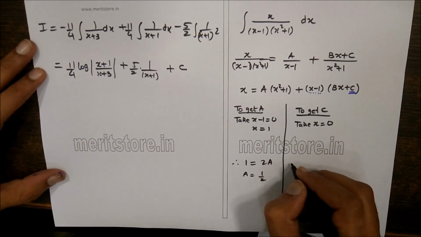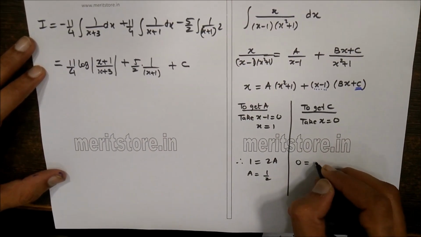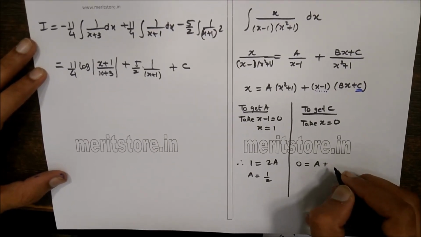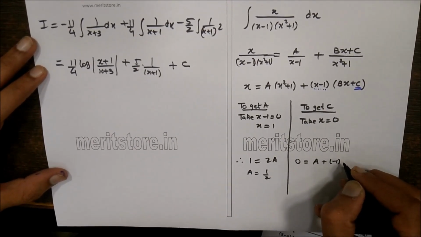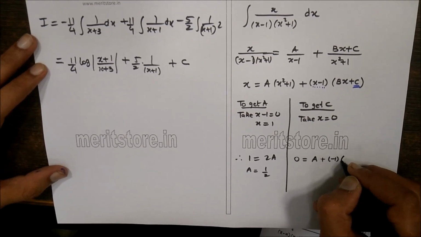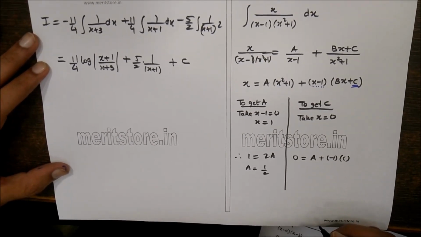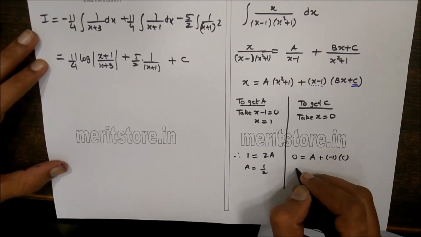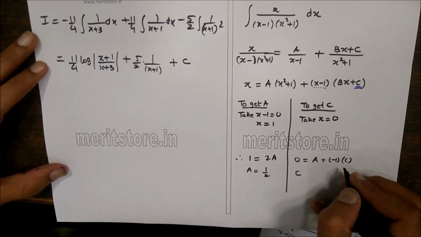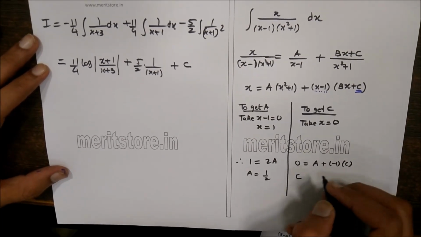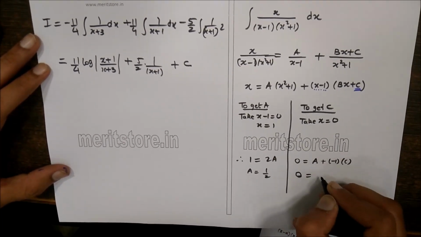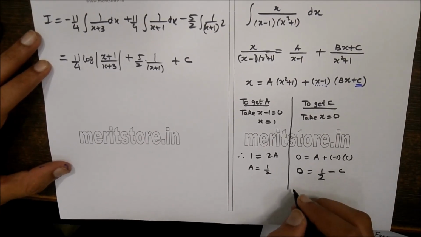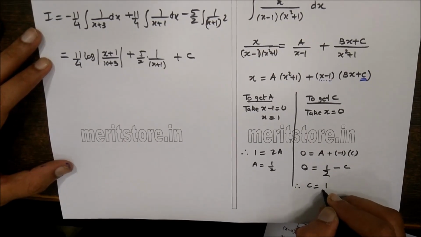When I take x equal to 0, my answer is 0 is equal to a plus minus 1 into c. And from here, I'll substitute the value of a as 1 upon 2. So 0 equals 1 upon 2 minus c, and therefore c equals half.